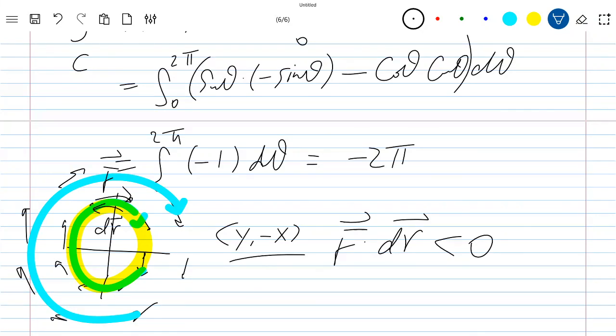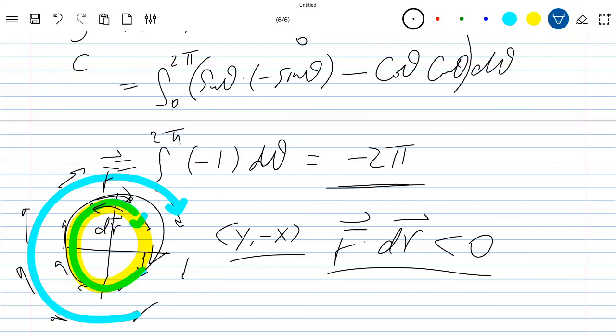So F is always opposite to dr. So the dot product is negative. That's why you integrate over the entire circle and you get a negative result. So if you integrate over a clockwise circle, then you will get positive 2 pi.